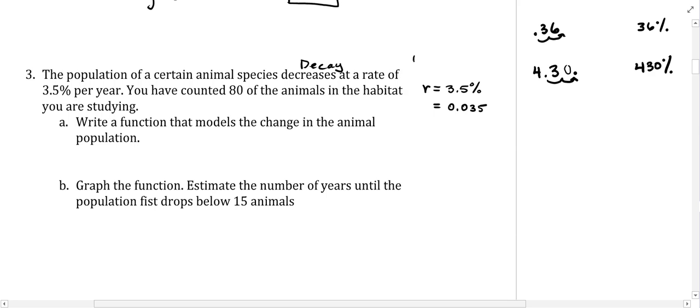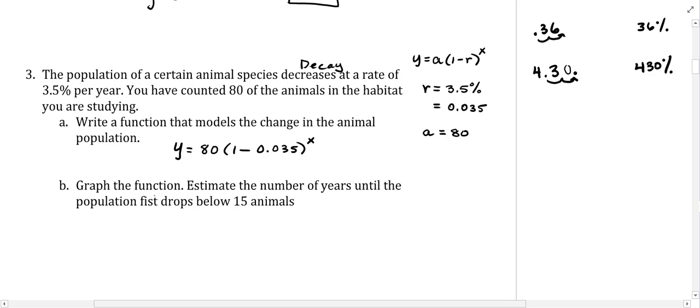We know it's decay, so we're going to be using y equals a times 1 minus r raised to the x. You have counted 80 animals in the habitat you are studying. So then our initial value a is going to be 80. Write a function that models the change in the animal population. So it's y equals 80 times 1 minus 0.035 raised to the x, where x represents years.